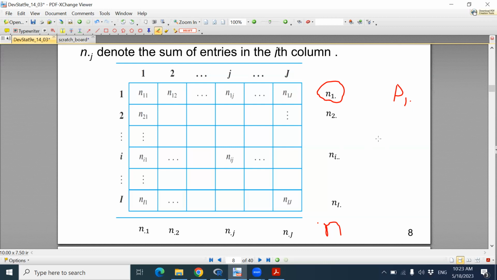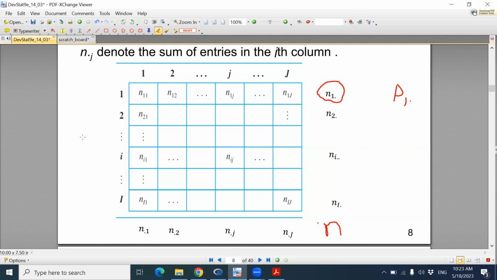The answer is no, because p_1 dot, p_2 dot, up to p_I dot, all added up, will definitely equal 1, simply because n_1 dot, n_2 dot, up to n_I dot sum to n. So even though we estimated I of them, eventually only I minus 1 of them are actually estimated. The last one is determined by the previous I minus 1 of them. So the total number of degrees of freedom used to estimate these row probabilities is I minus 1.